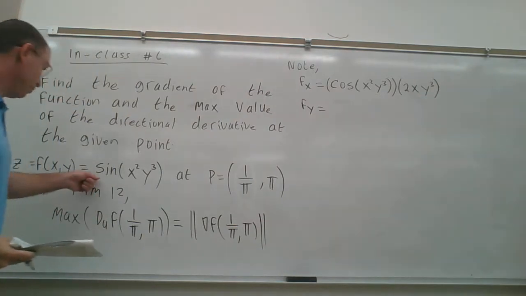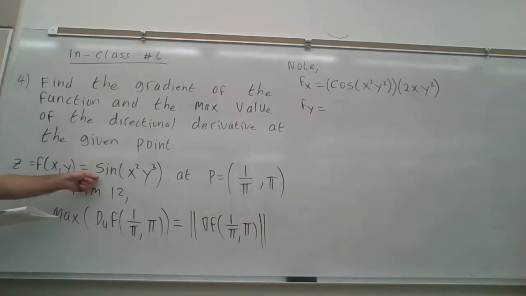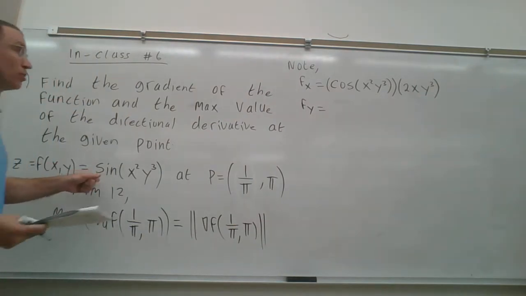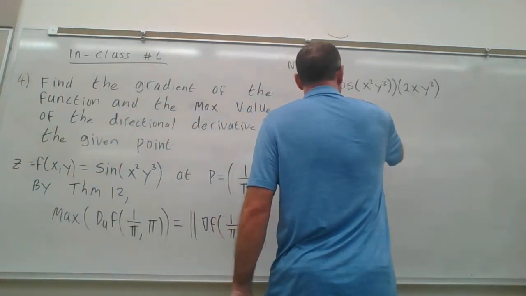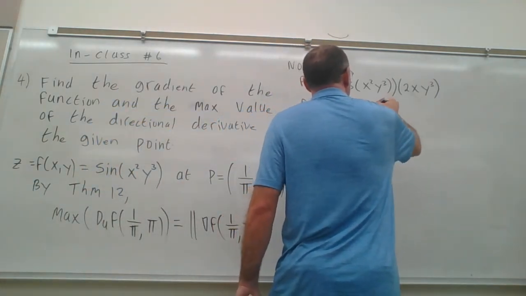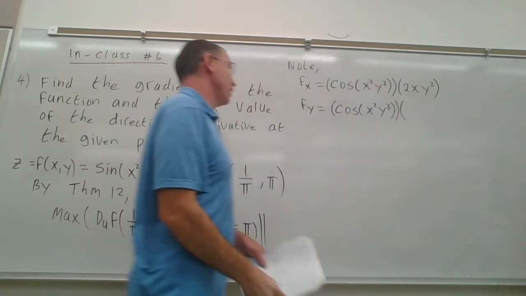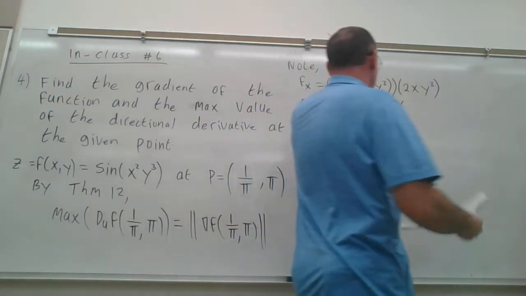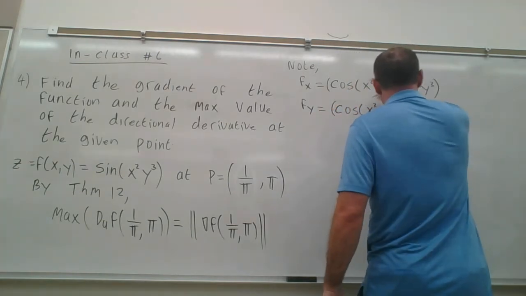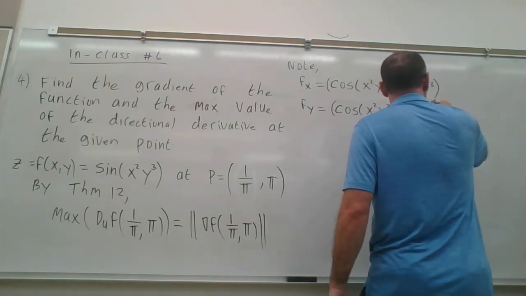So again, here's my f. So derivative with respect to y would be cosine of x squared y cubed times the derivative of the inside with respect to y this time. So bring the 3 in front, 3x squared y squared.